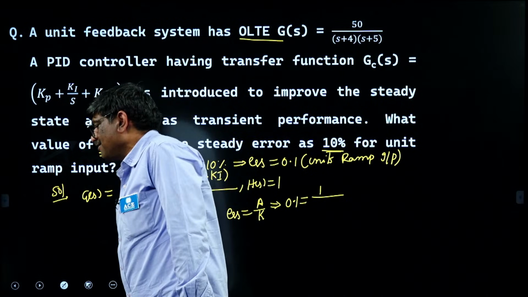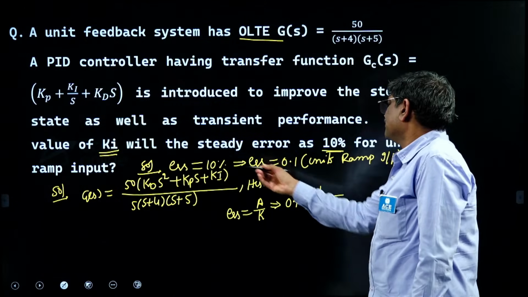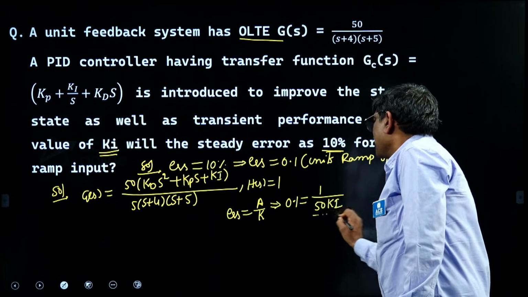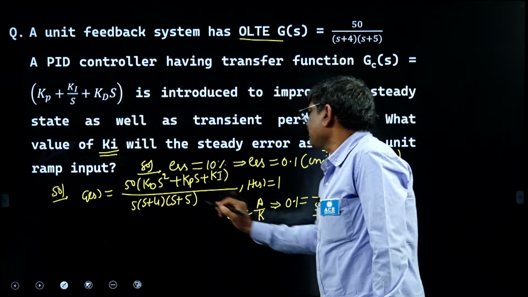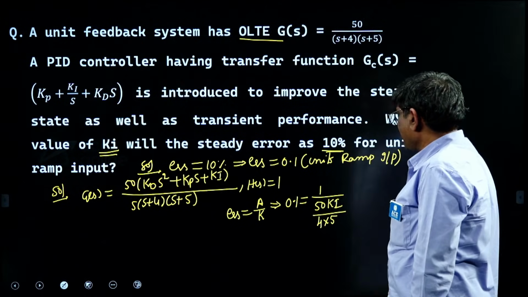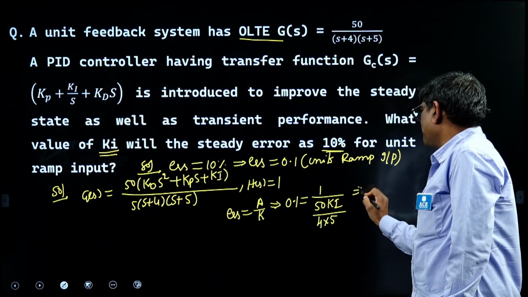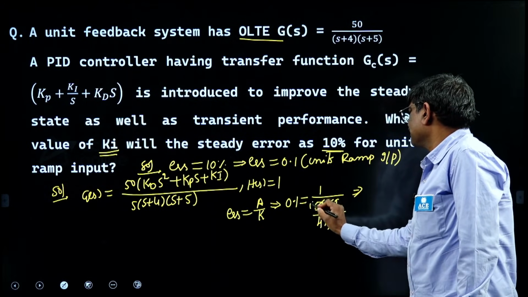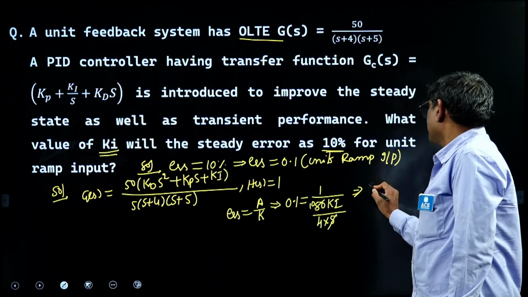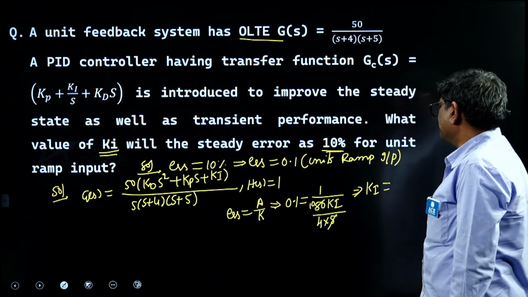The numerator constant is 50 Ki, divided by the denominator constant, 4 into 5. So what are you getting for the Ki value? What is Ki?